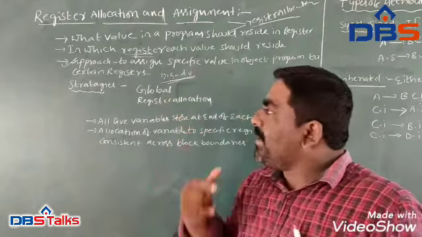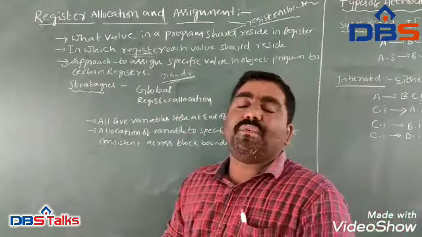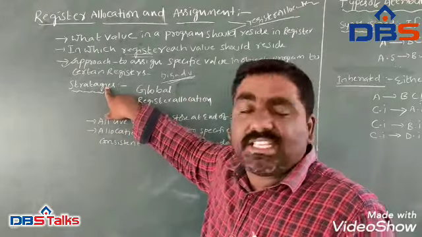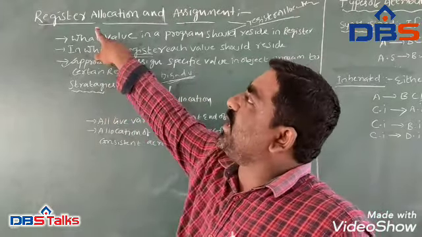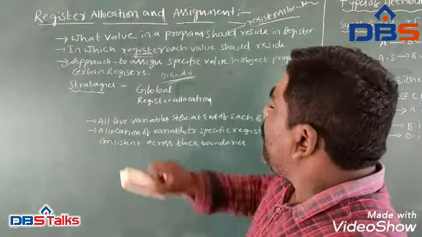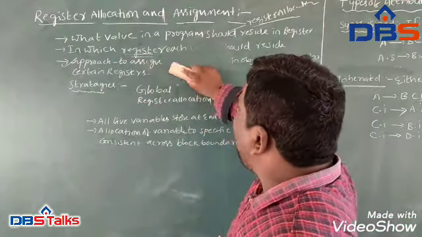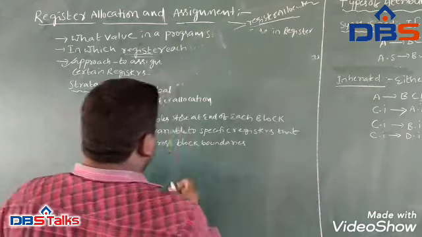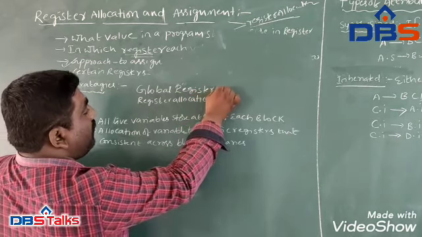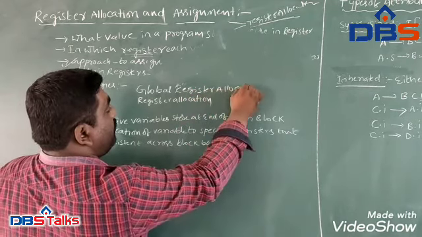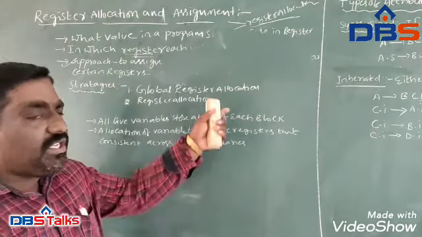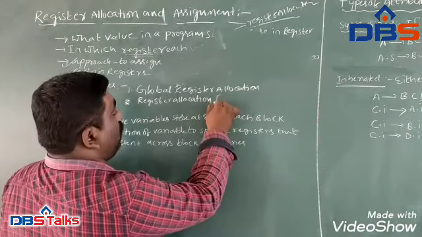Next, the strategies of register allocation and assignment. What are the various strategies we are going to implement? The first strategy is global register allocation. The second is register allocation for outer loops.